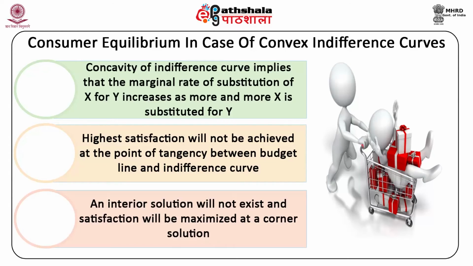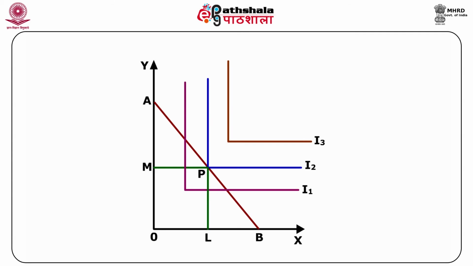In this case, an interior solution will not exist and satisfaction will be maximized at a corner solution. In such a case, the consumer's equilibrium will be determined at the vertex of the indifference curve IC2, which is just touching the budget line AB at point P.